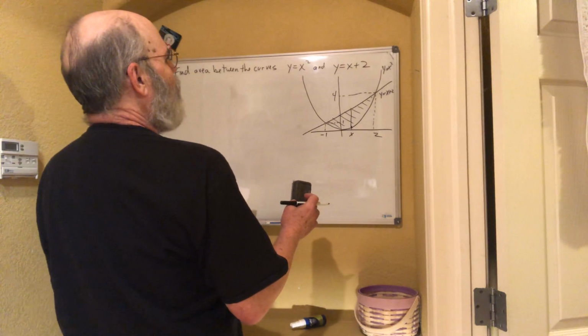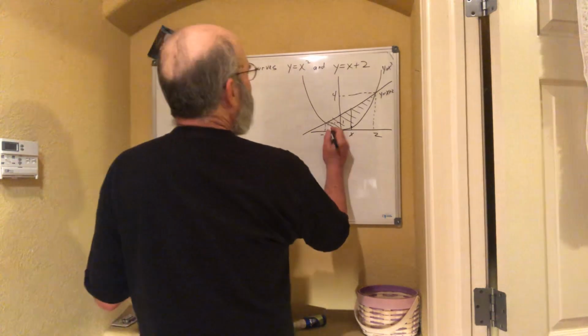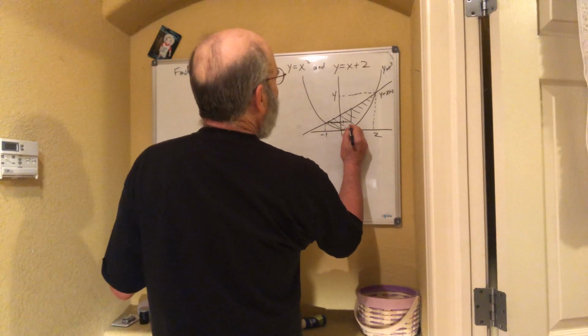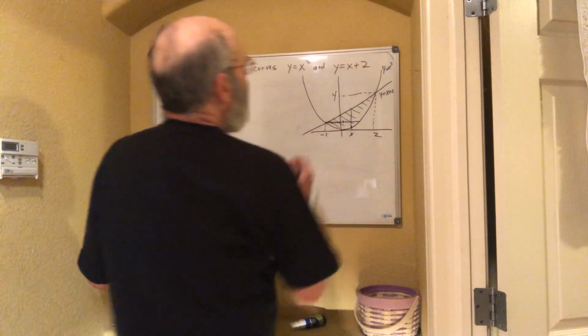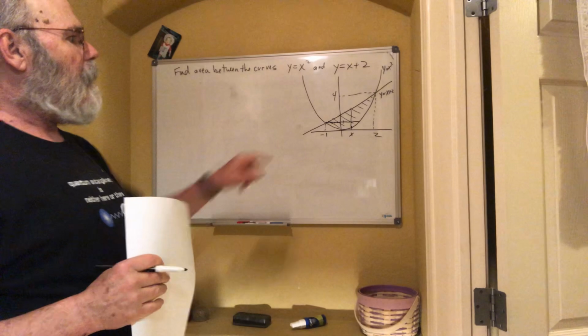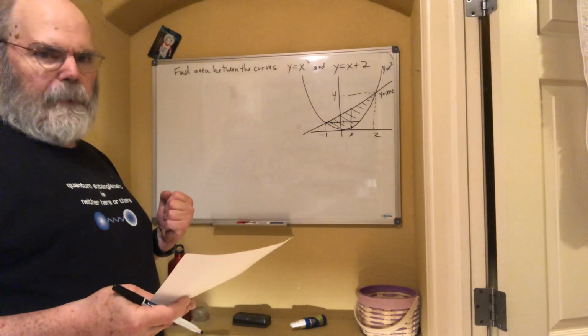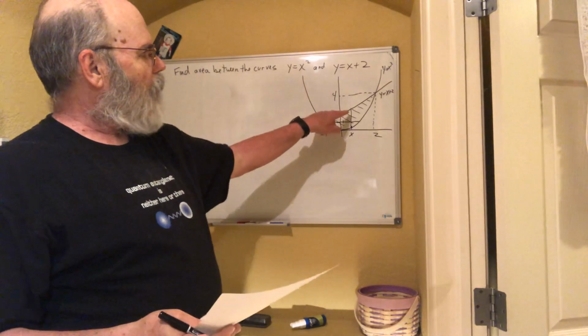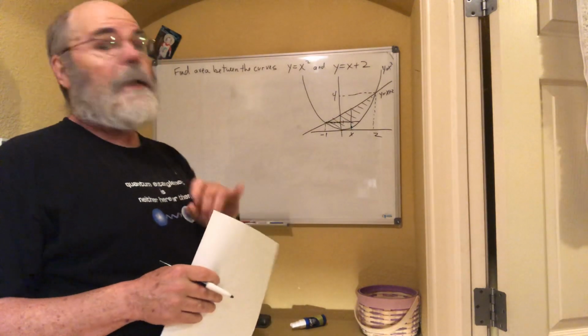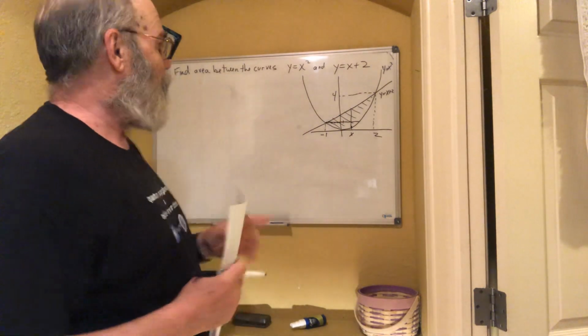All right, hang on. Let me focus on this a little bit. Actually, this is not a horizontally simple shape. Okay. However, it does break up into two that are. This is kind of what I was saying.